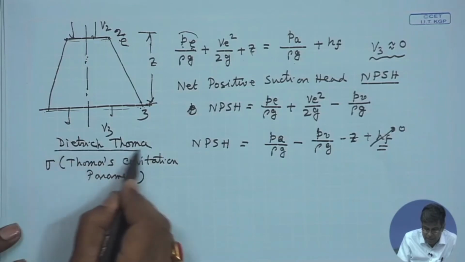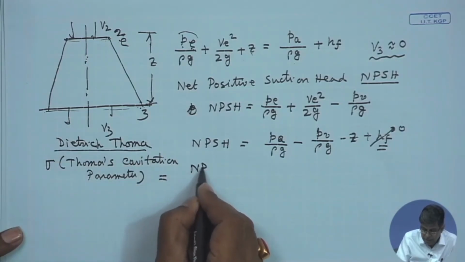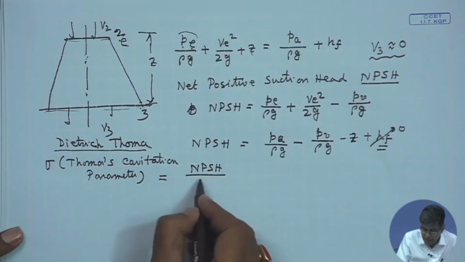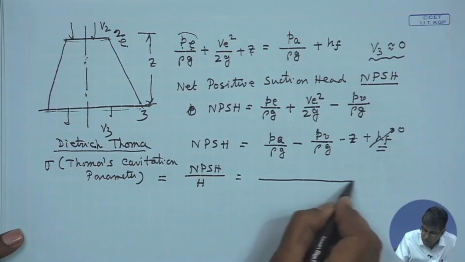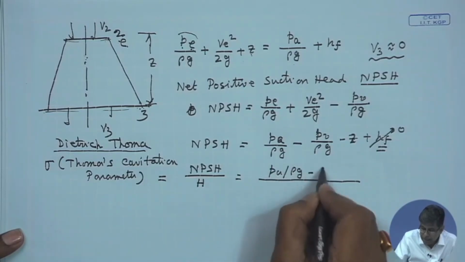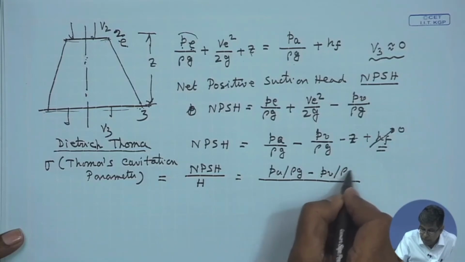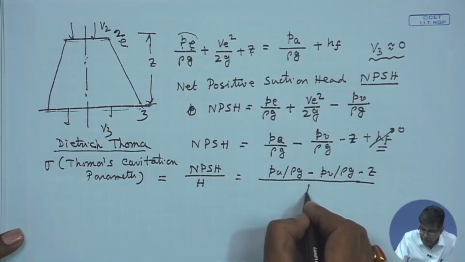Thoma's cavitation factor is defined as NPSH divided by the total head available. That means, this is equal to Pa by rho g minus Pv by rho g minus Z, divided by H.